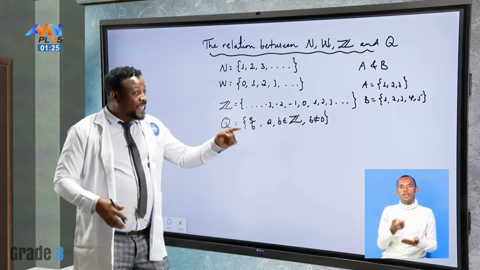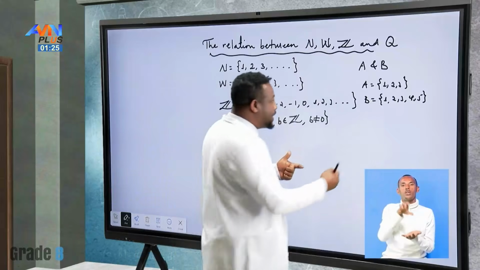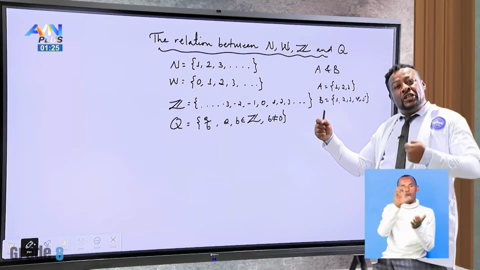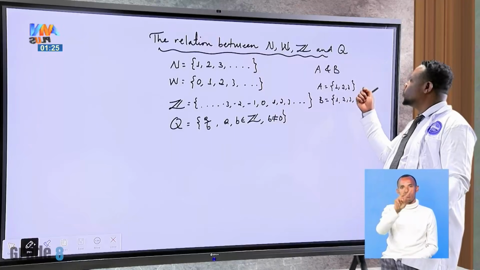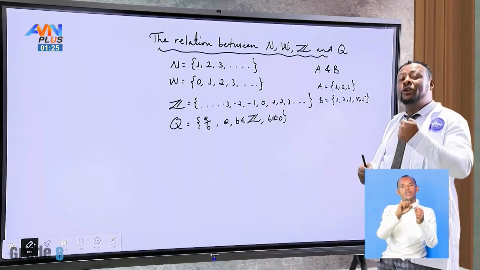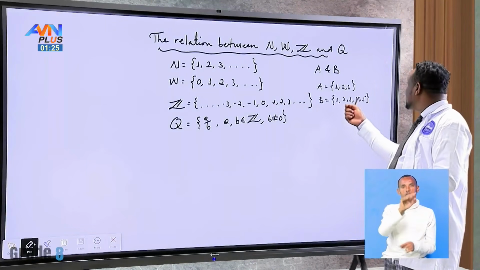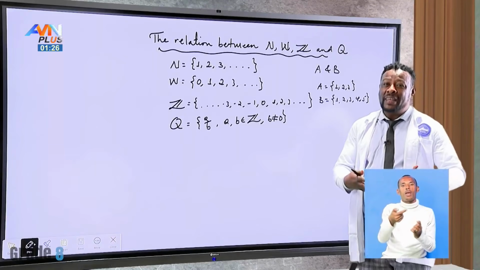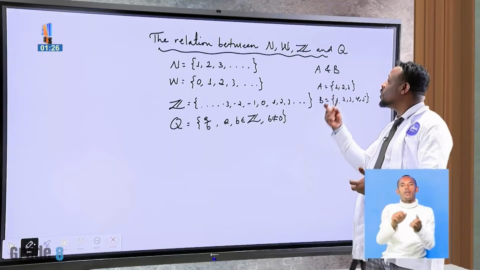Clearly, set A contains 3 elements, and set B contains exactly 5 elements. Now, can you tell me what a subset means in terms of these two sets?